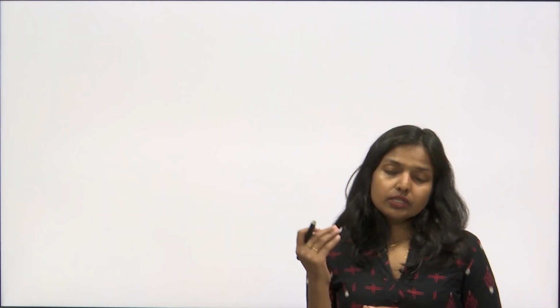So earlier we have seen that the need of coordinate system has arrived because of the vector representation, because to represent any vector we need a coordinate system.